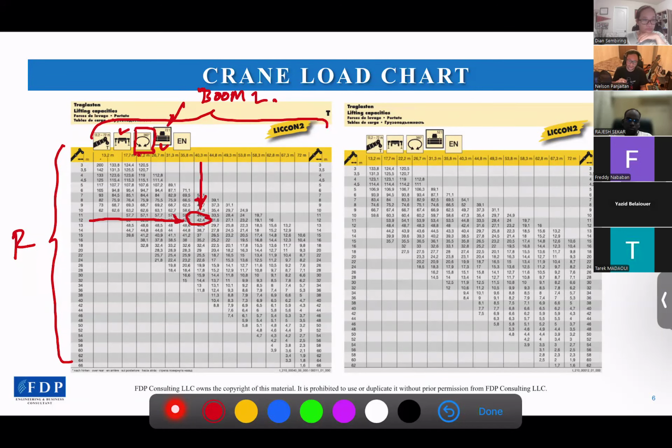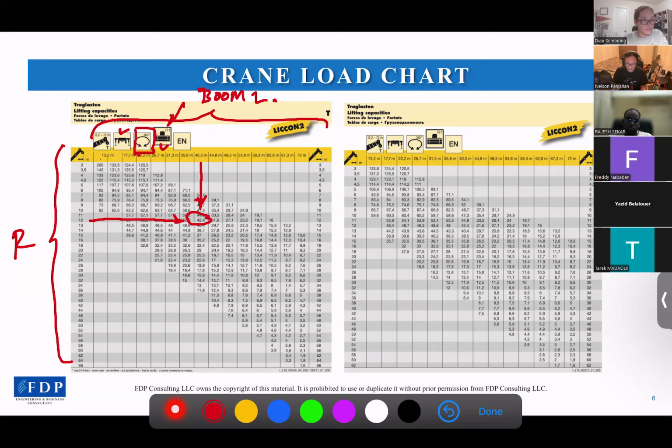So I mean, if the boom is not allowed to rotate, it will give more capacity to the crane if it's not rotating.